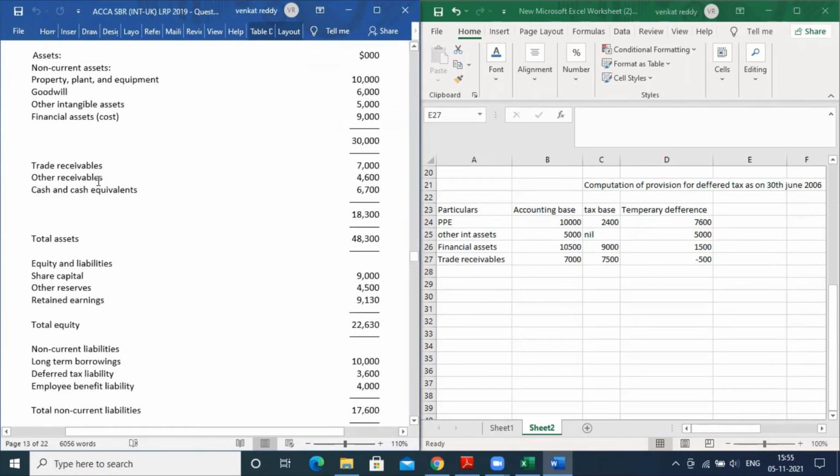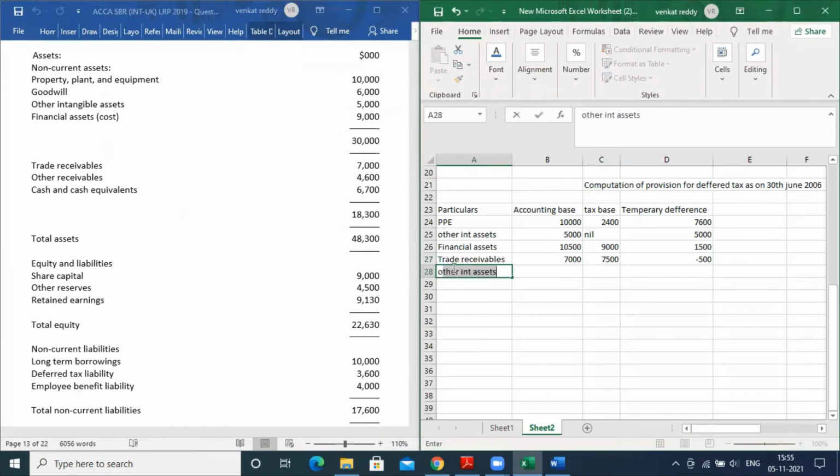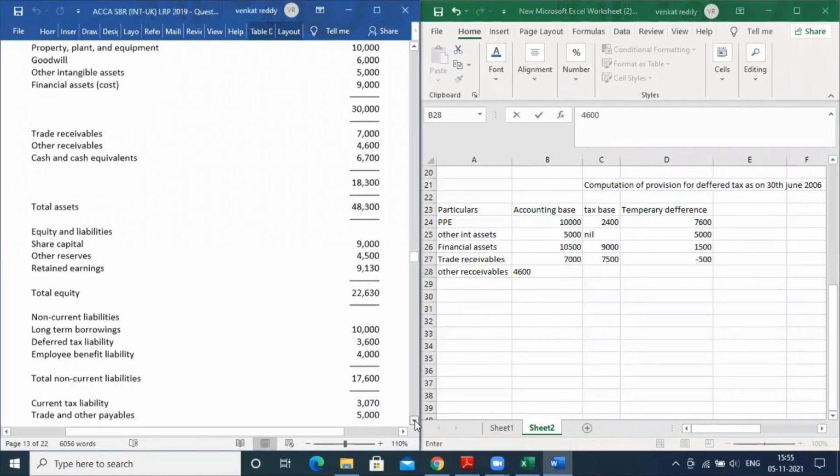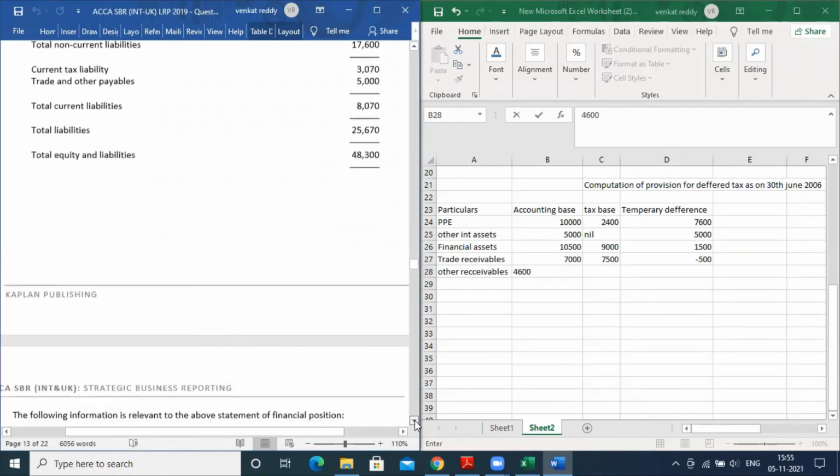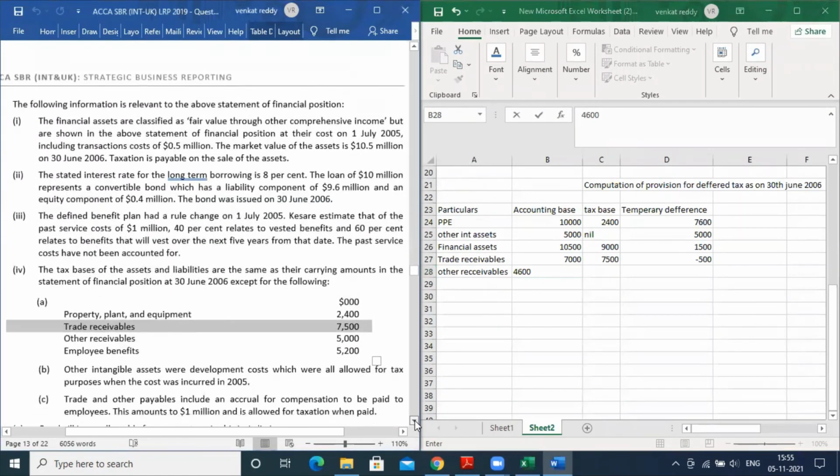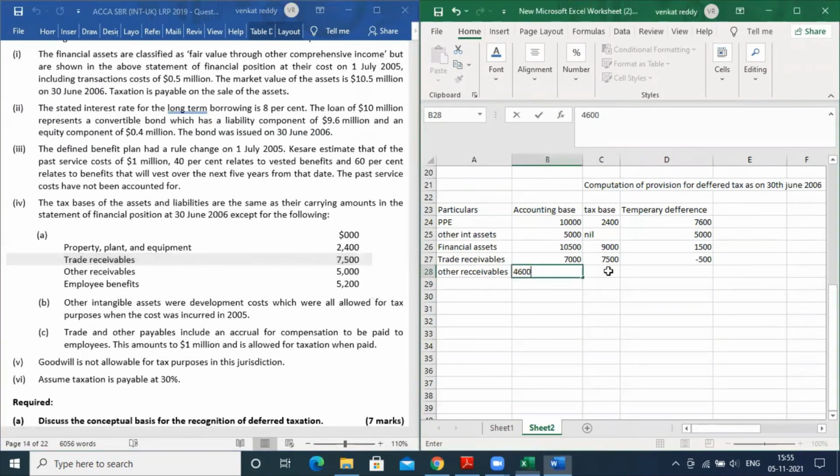Then the other item is other receivable. The other receivables as per accounting base is 4,600, and as per tax base, it is 5,000.